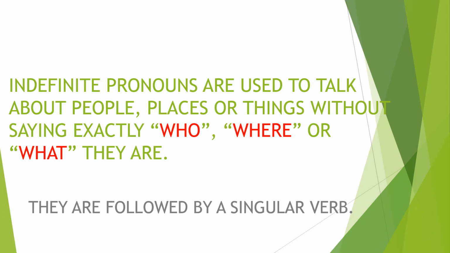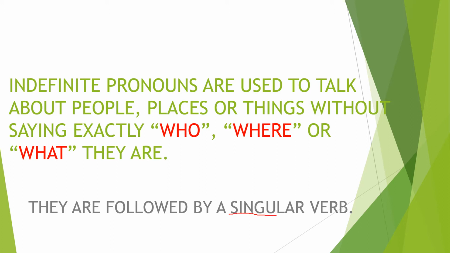These indefinite pronouns are very important, as I already said, because they help us to talk in general without specifying directly, emphasizing to someone as a subject, for example, talking about the people or about a place or an object that we didn't mention. That's why it's important to mention that they always are followed by a singular verb.